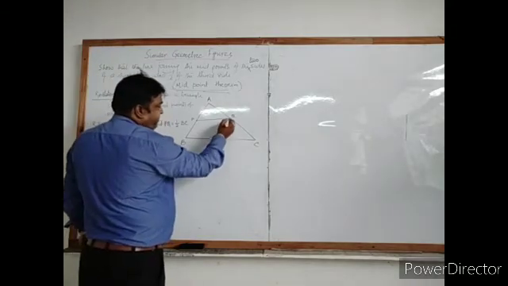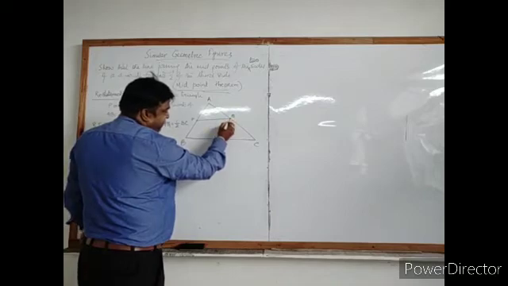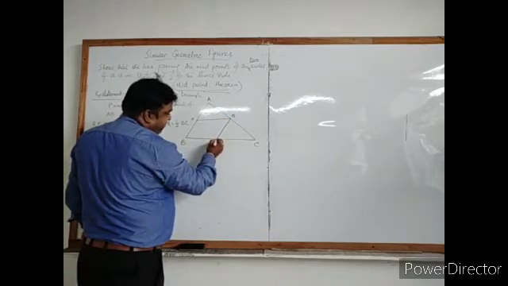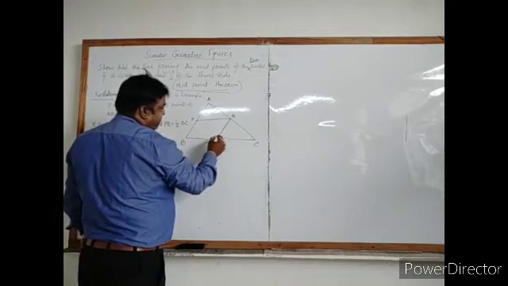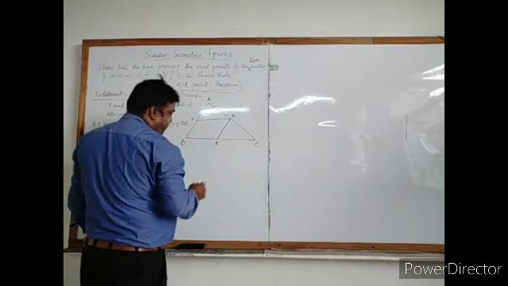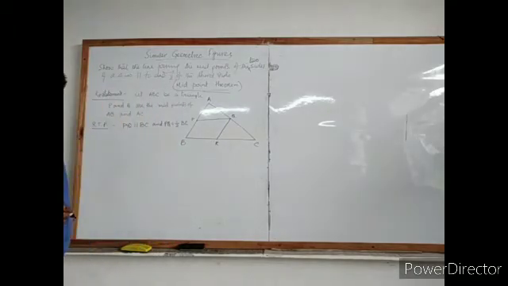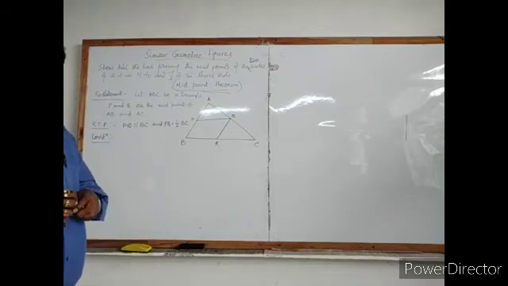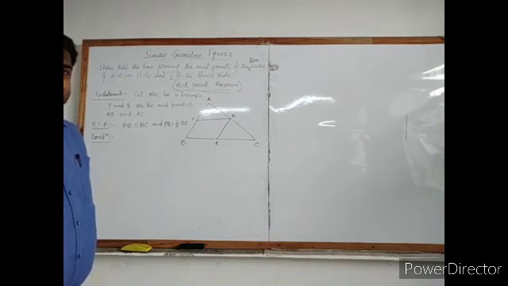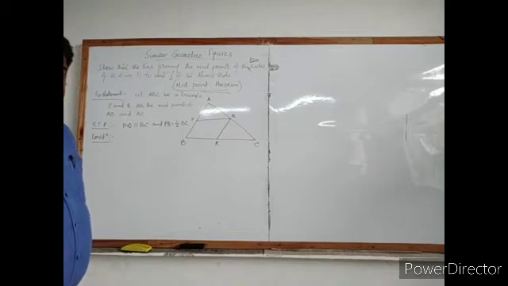Through Q, a line parallel to AB is drawn, which meets BC at R. Construction: through Q, a line parallel to AB is drawn, which meets BC at R.